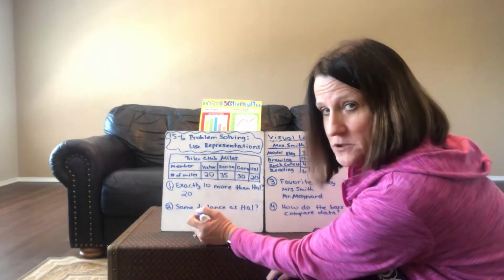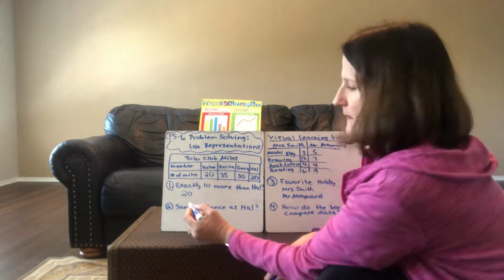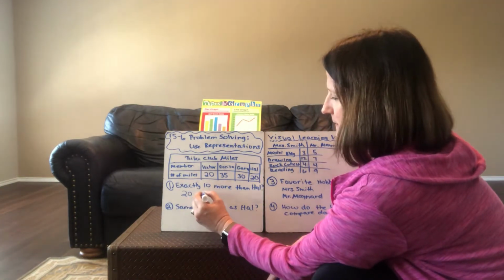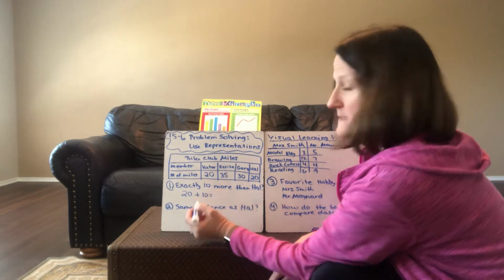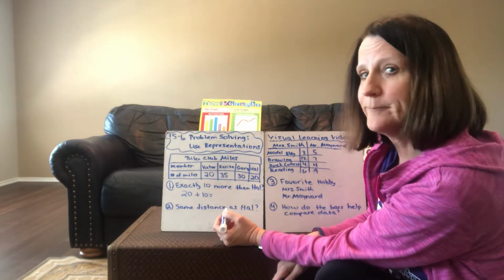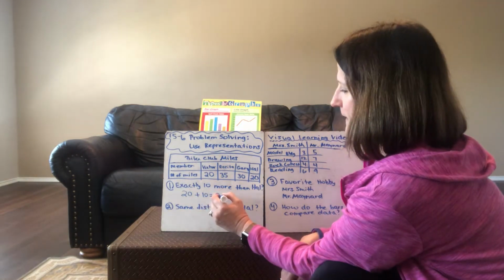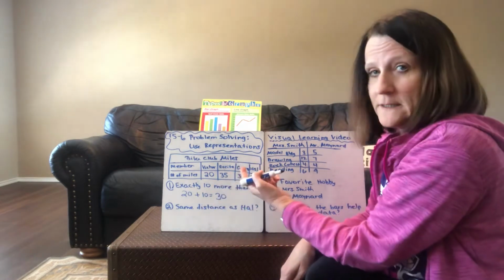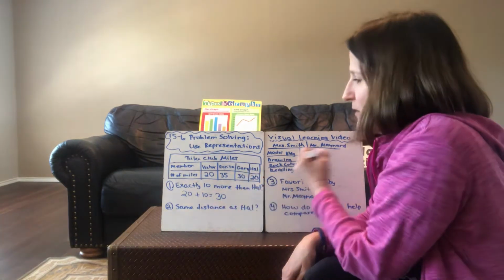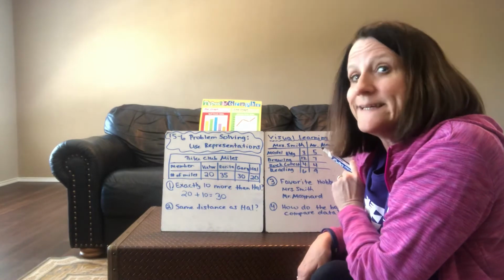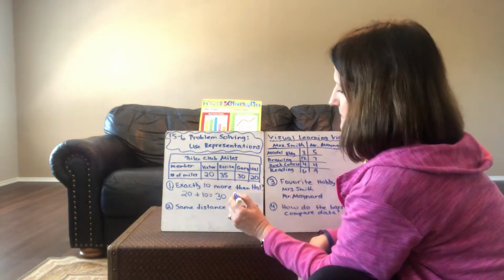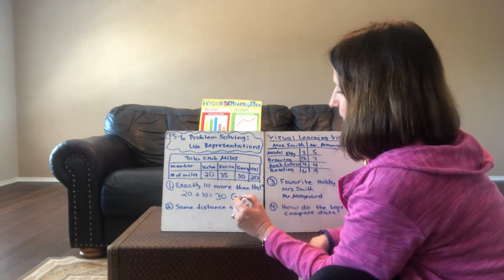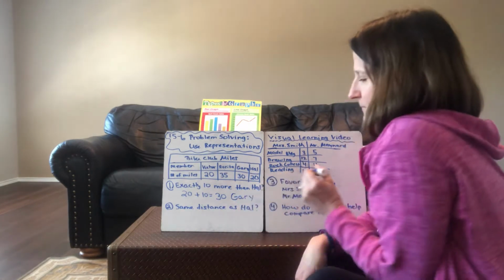Are we going to add or subtract? Exactly, we're going to add. So 20 plus 10 is what? Yep, 30. So then we look at the table and we see who had 30 votes. Yep, Gary. So Gary had 30 votes, so we're going to put Gary.